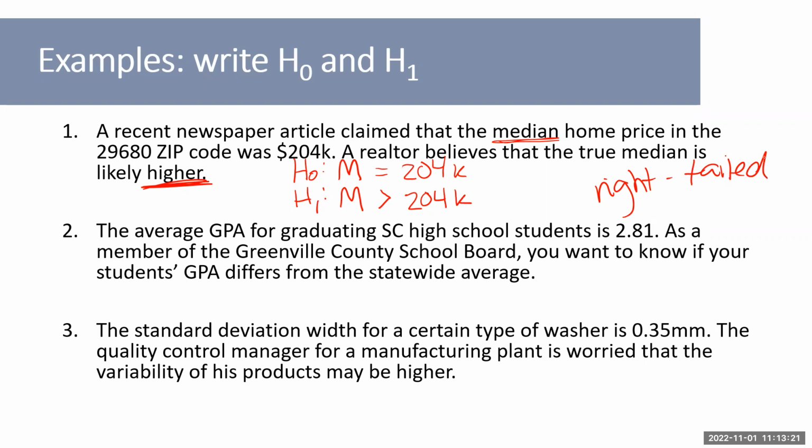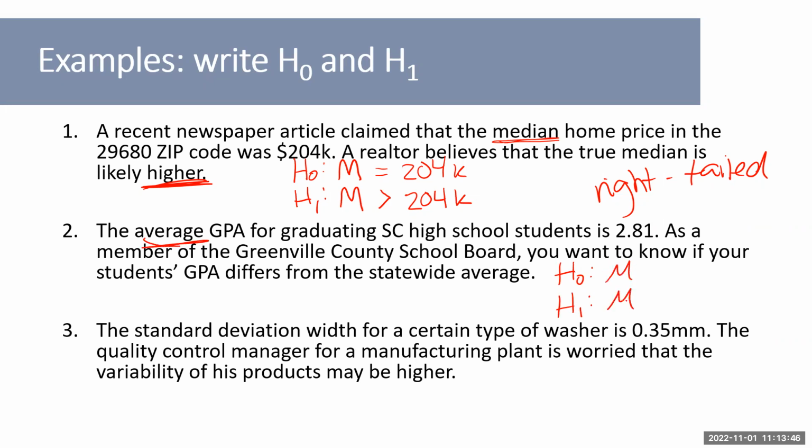I'll walk through this one. The average GPA for graduating South Carolina high school students is 2.81. As a member of the Greenville County School Board, you want to know if your student's GPA differs from the statewide average. So again, I'll set up my null and alternative framework. I'm dealing with the average. Okay, so I'm dealing with the mean.